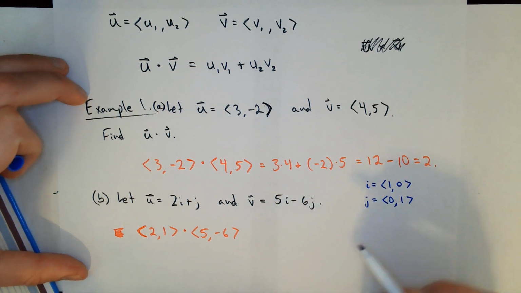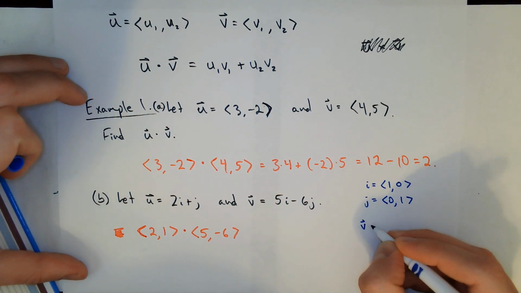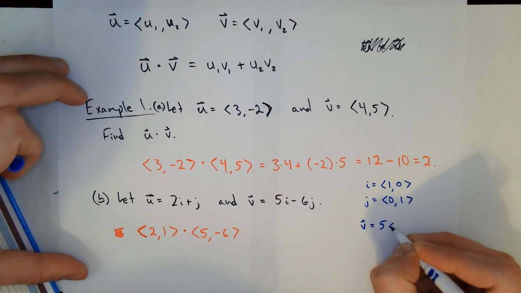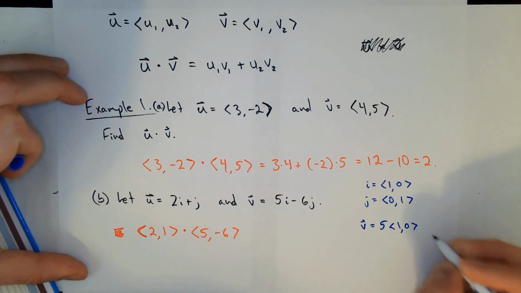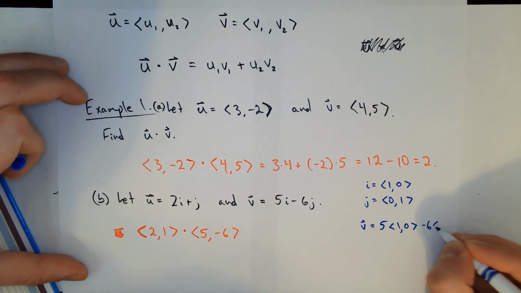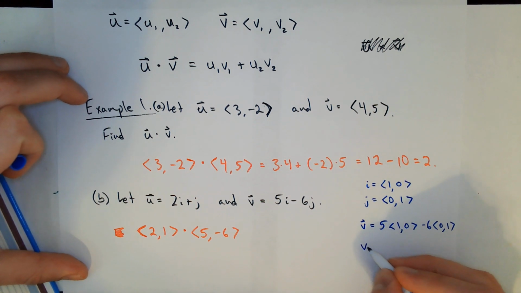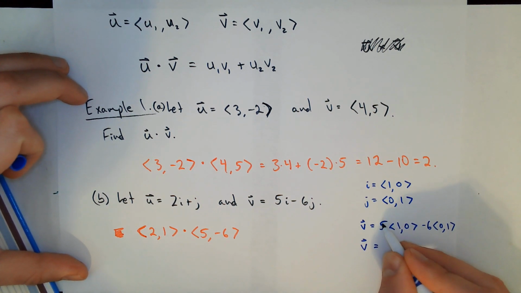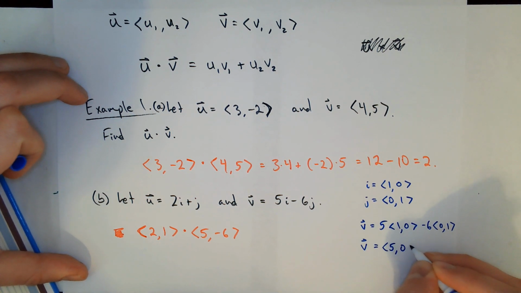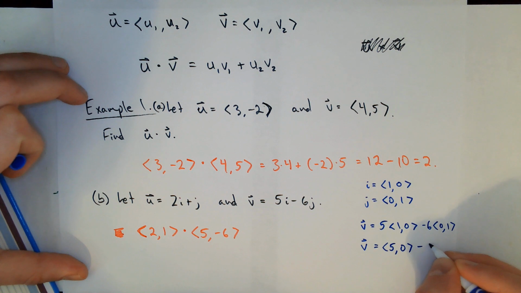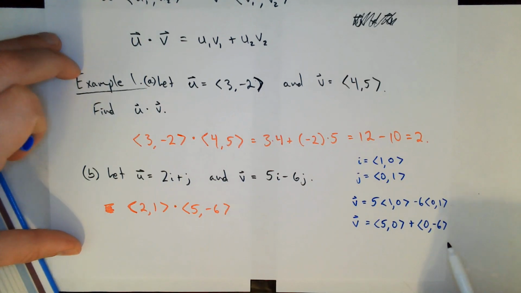For vector v, for instance, this literally means 5 times the vector i, minus 6 times the vector j, and then we know how scalar multiplication works, right? You send the scalar in, so this is 5, 0, and then minus 6 sent in, 0, plus 0, negative 6.